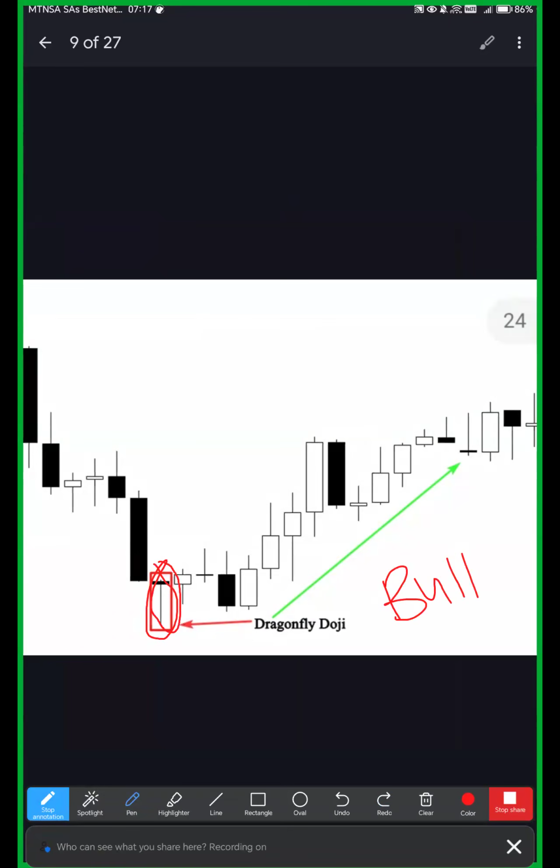After this happened, you can see that there was a little bit of struggle when it comes to power changing. The market struggled a little bit here, but at the end of the day, buyers took over the price and pushed the price to the top.